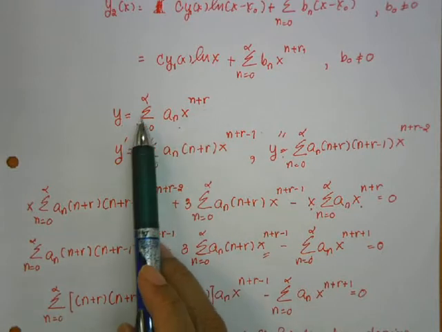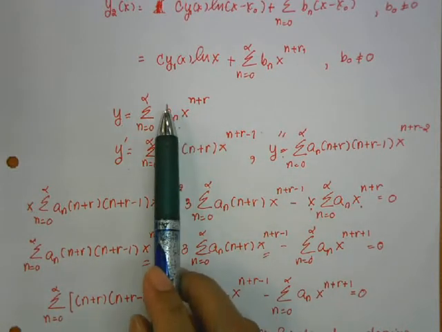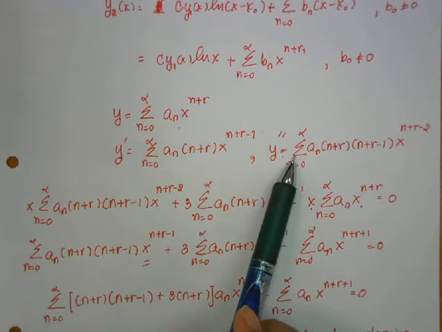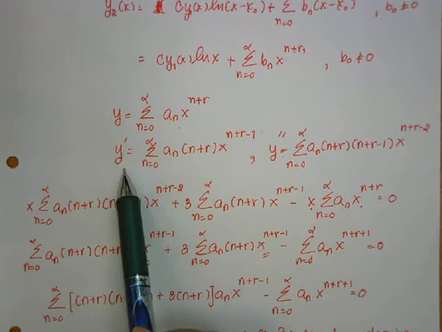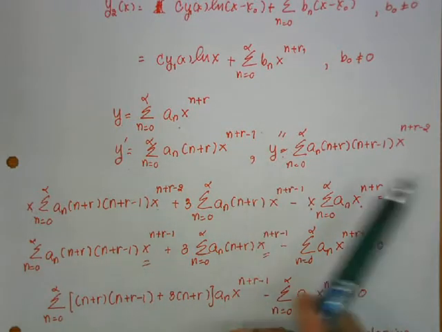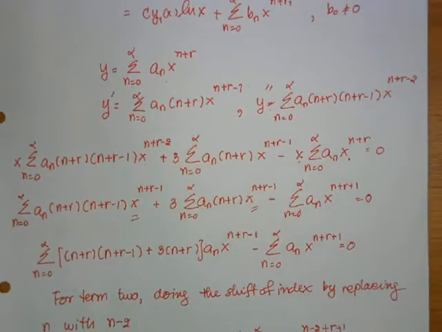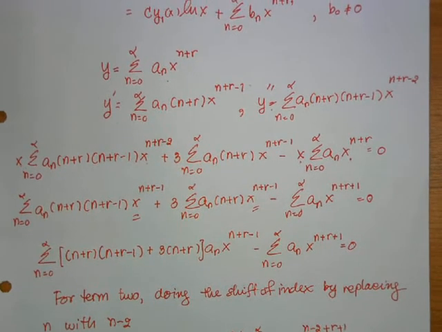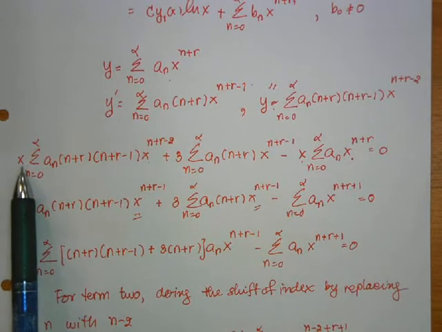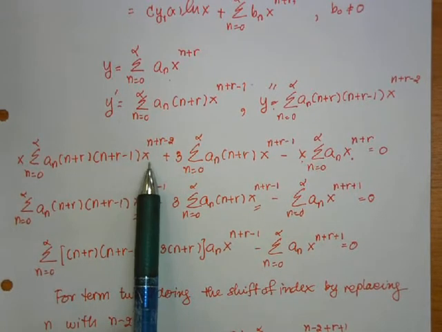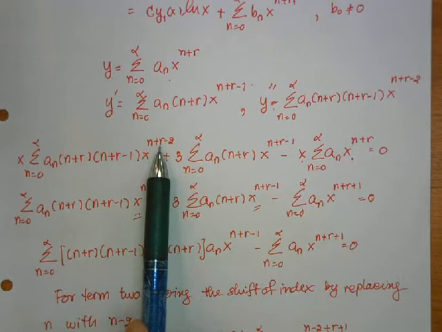And then we take the first and second derivative of y, and then we plug y, the first derivative of y, and the second derivative of y into our differential equation. By doing that, we would get this equation, and then we have x there. We combine this x with the x to the power of n plus r minus 2.